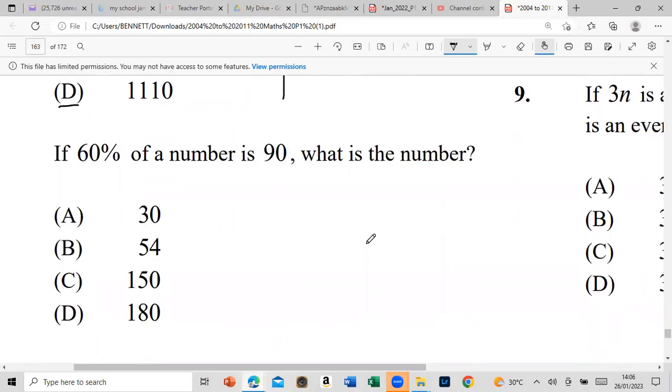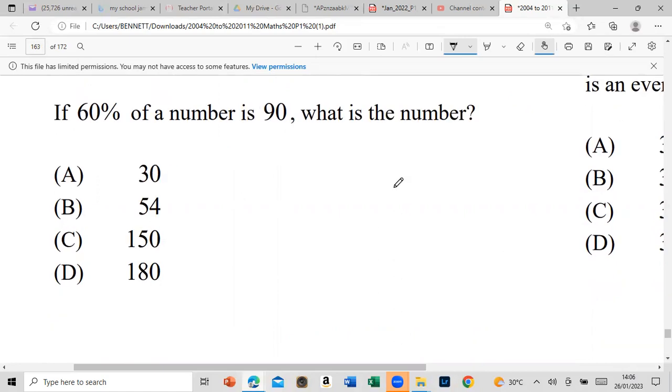Alright, so if 60% of a number is 90, what is the number? Alright guys, let me talk to you about this. This is a question that you can actually use trial and error to do. So what you could do is find 60% of each of these numbers. So you just eliminate these two first of all, because 60% of these can't be 90.